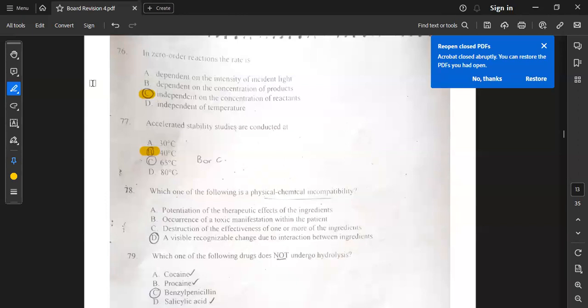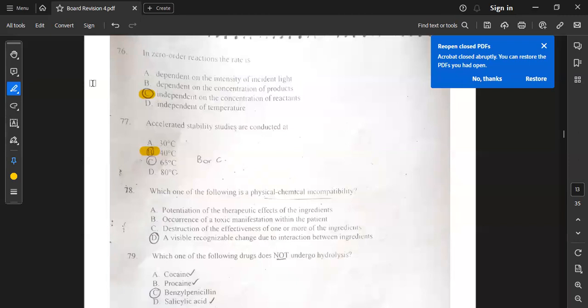Moving on to number 78, which one of the following is a physicochemical incompatibility? Is it A, potentiation of the therapeutic effects of the ingredients? B, occurrence of a toxic manifestation within the patient? C, destruction of the effectiveness of one or more of the ingredients?